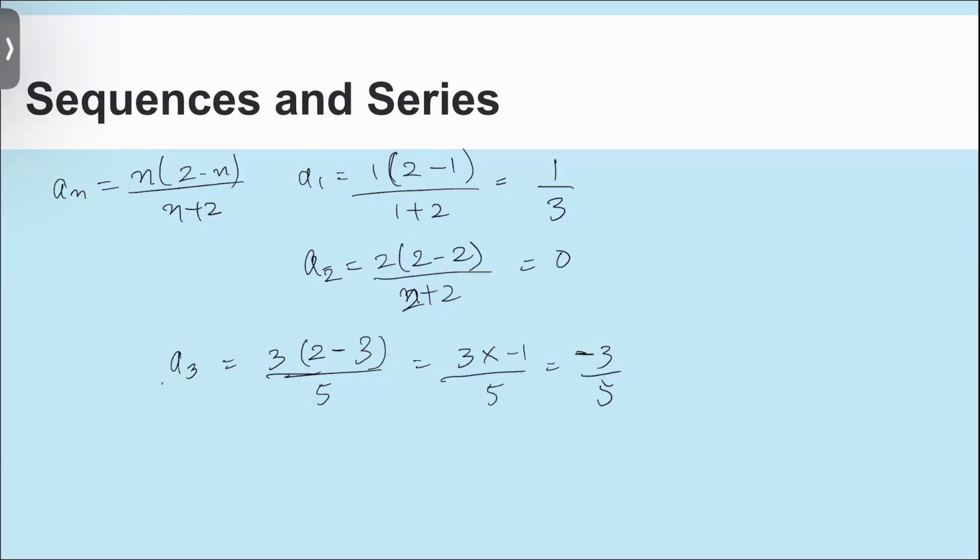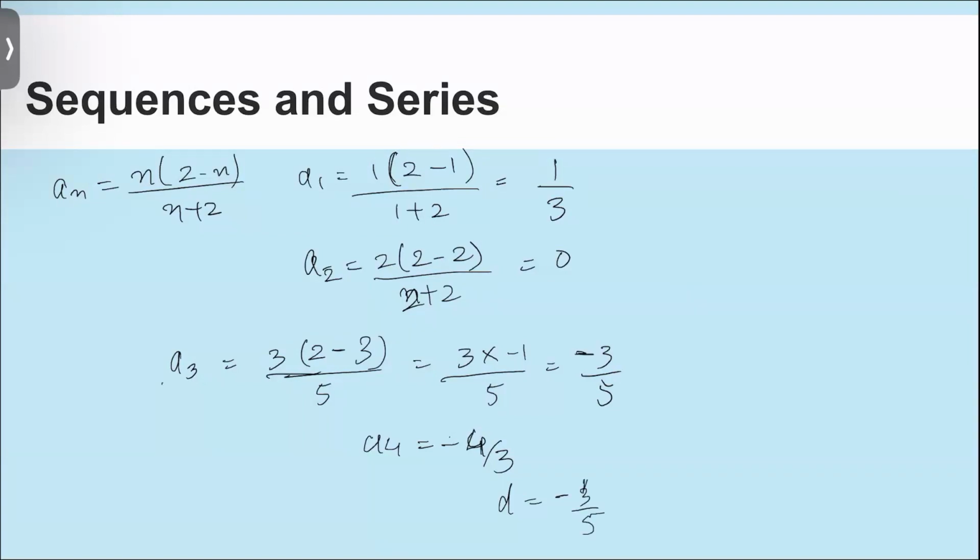Okay, so even if we have a4, we have a4 equals minus 4 by 3. Even if you find the difference between a4 and a3, let's see if we get the d in that sense. That's minus 3 by 5.